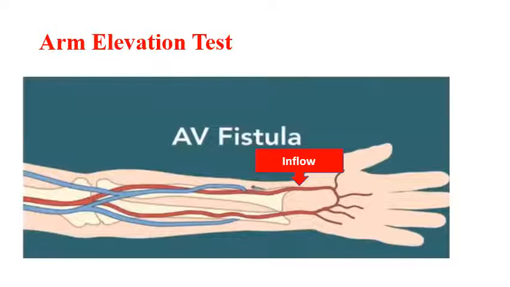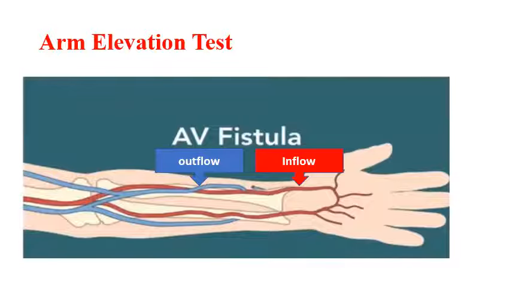What is meant by this? That the blood that comes to the AV fistula comes from the artery. So we call the artery the inflow, which carries the blood to the AV fistula. And the vein is the outflow. It takes the blood from the fistula towards the heart again.